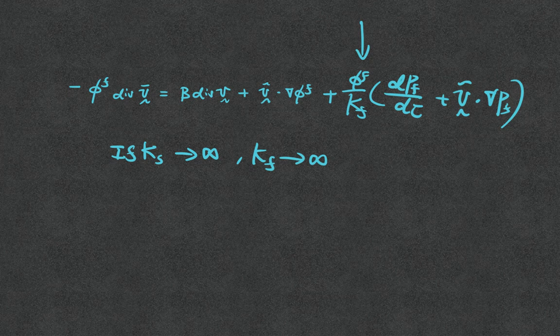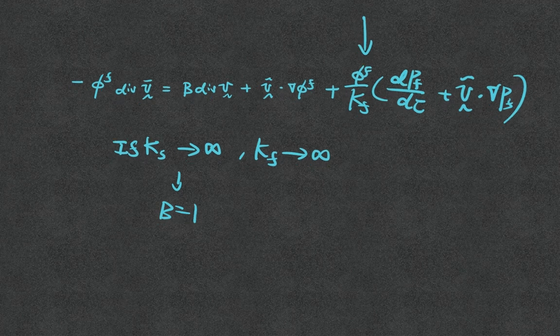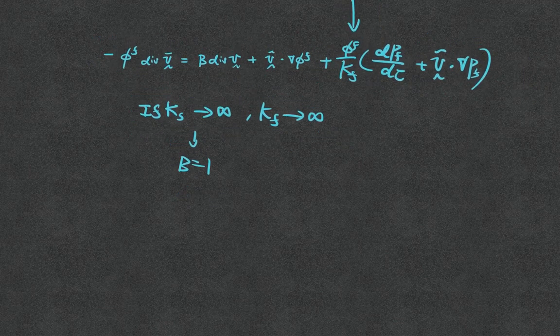And of course, this will lead to B equal to 1, so Biot's modulus is also equal to 1. If this happened, then the only terms left are the first three terms, isn't it? Do you see that?